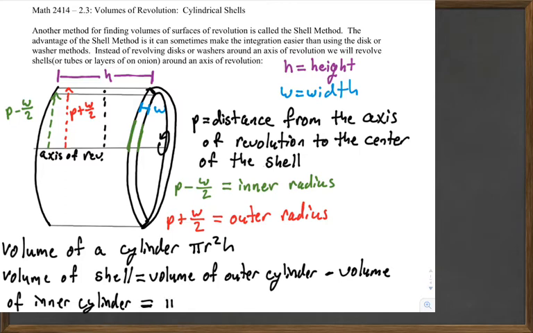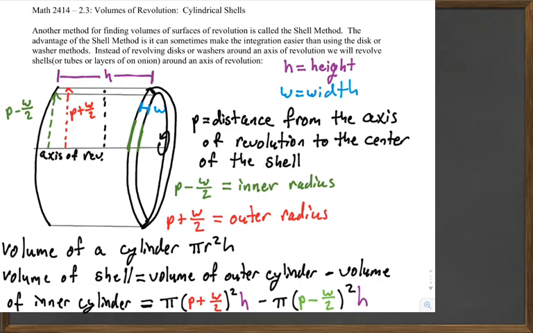The outer cylinder's volume is pi times the radius, p plus w over 2, squared, times the height, minus the volume of the inner cylinder, which is pi times the radius squared, p minus w over 2 squared, times h.